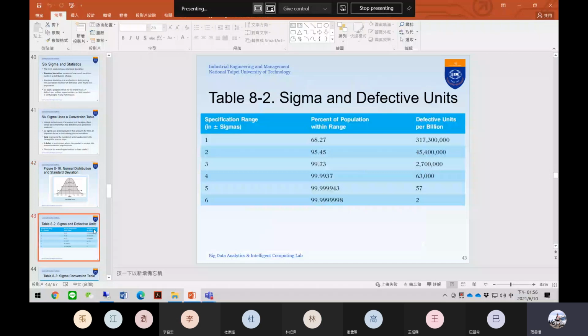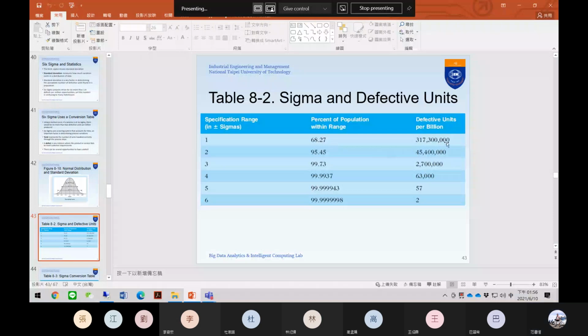So sigma and the defective units. Plus one and minus one sigma accommodate 68.3 percent. So the defective units per billion, wow, this is really big.